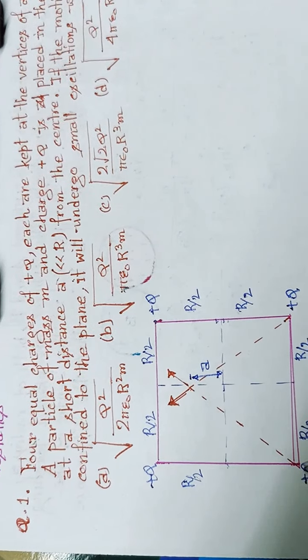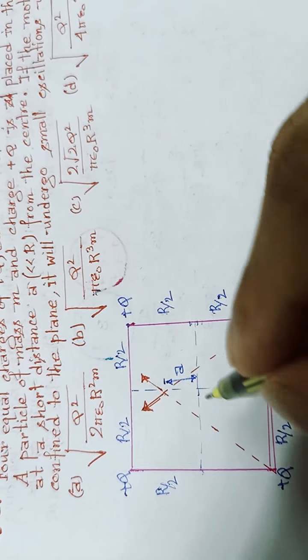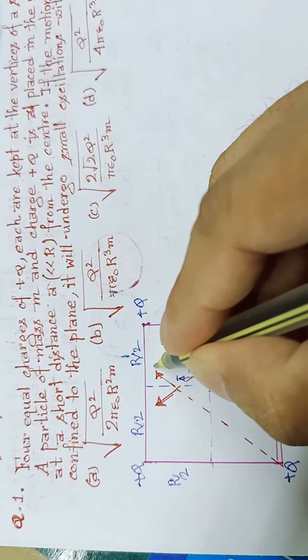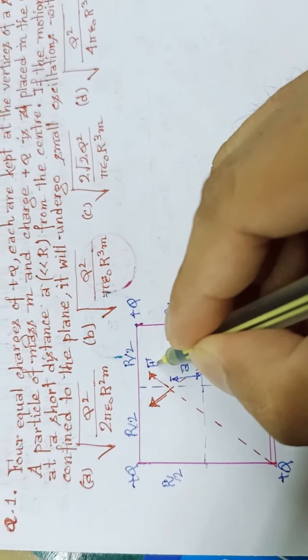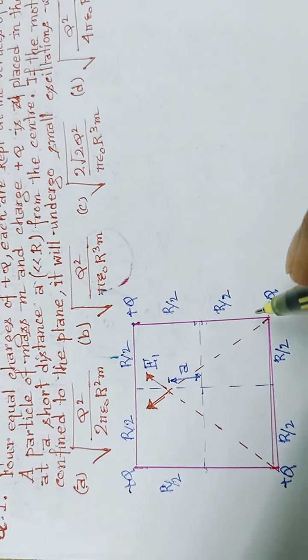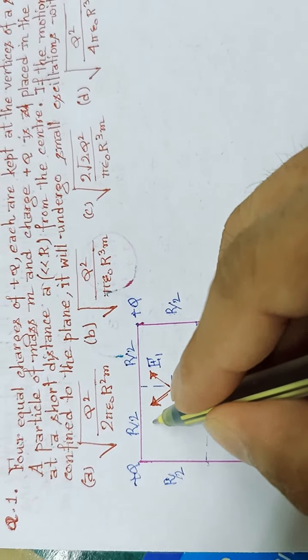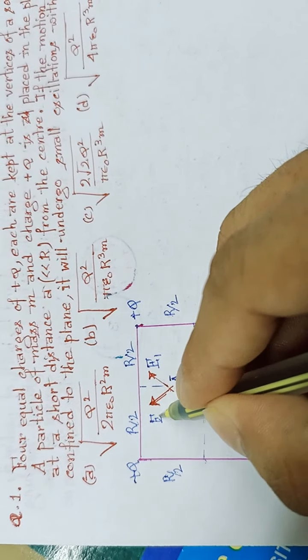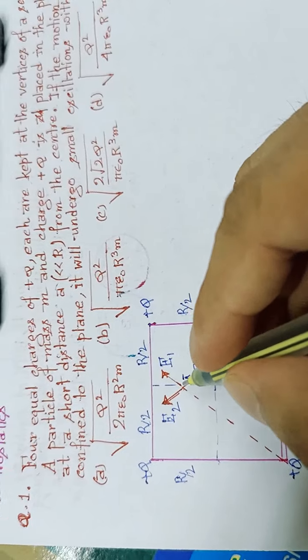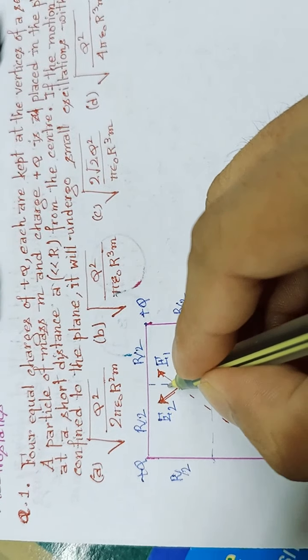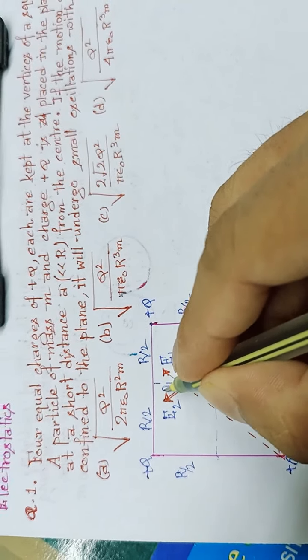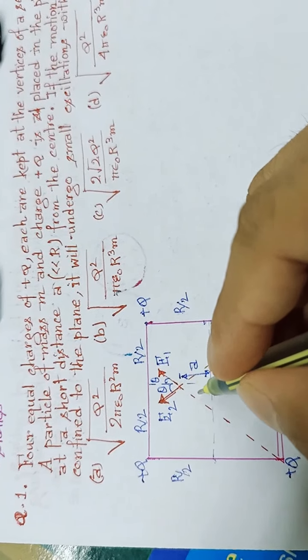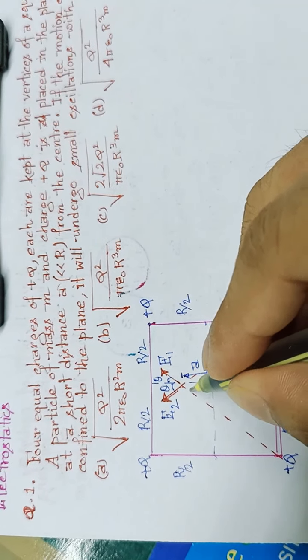Now the electric field due to this plus q charge will be in this direction. Let this be E1, and the electric field due to this charge will be E2. This is directed in this direction. Now let this make an angle theta. If this angle is theta, then these two angles must be equal to theta.